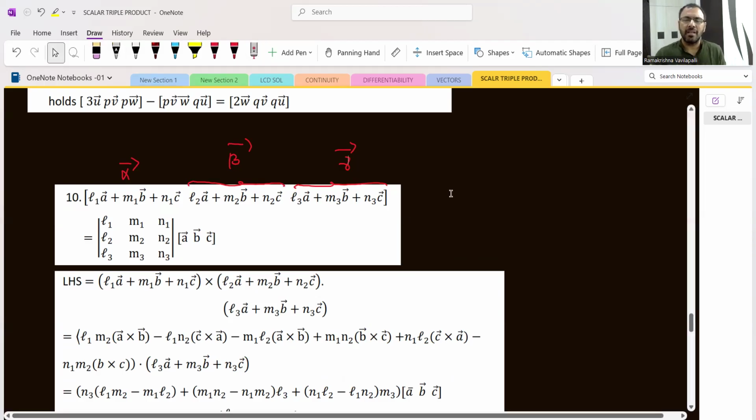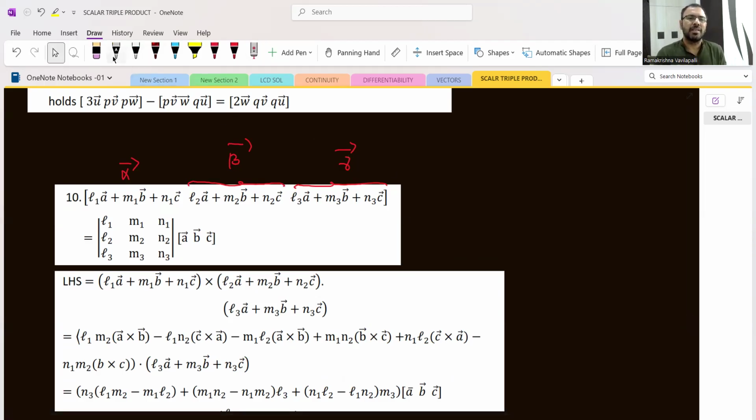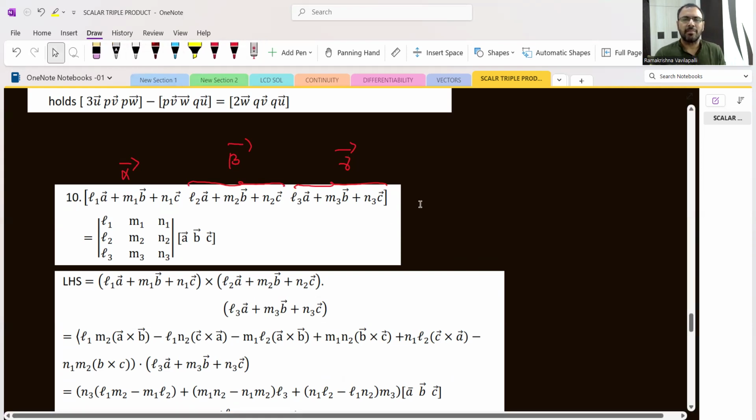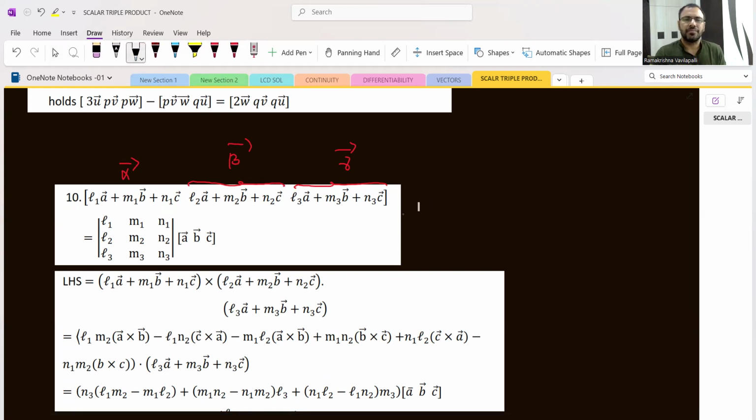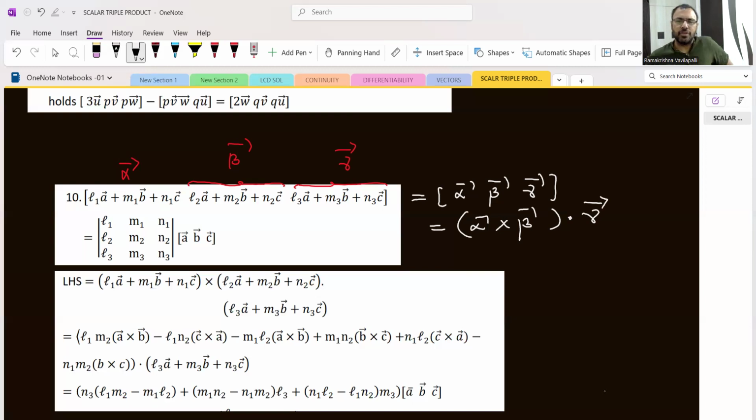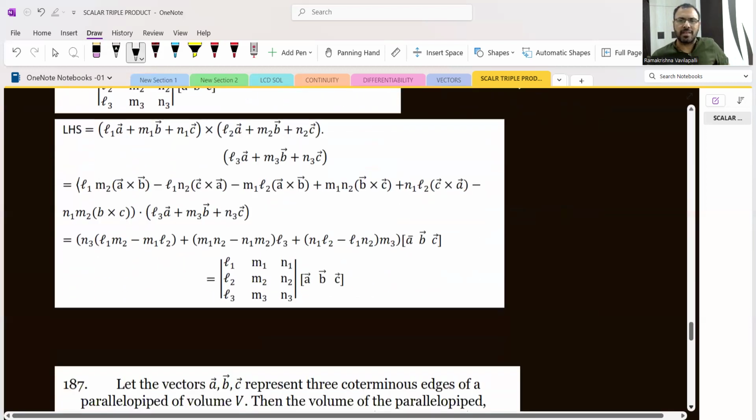Right. Well, so this is nothing but box of alpha bar, beta bar, gamma bar. We have to apply alpha bar cross beta bar, term by term, and take the dot with gamma bar. You need time. Do it term by term. Then you will get such a beautiful result.